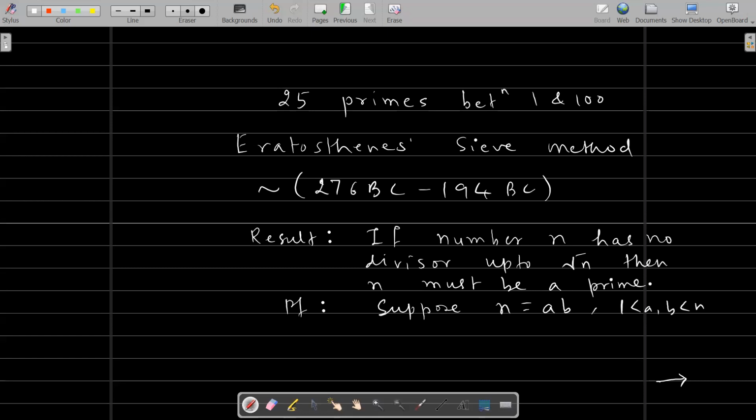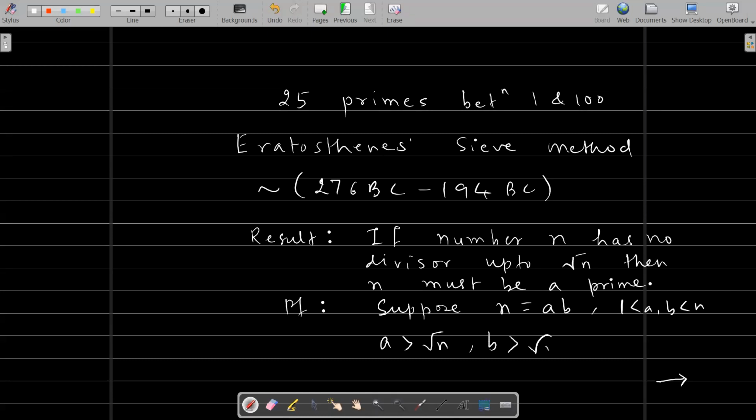Then by the condition, A must be greater than root n, since up to root n there is no divisor.